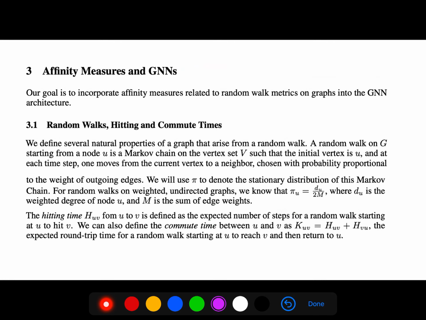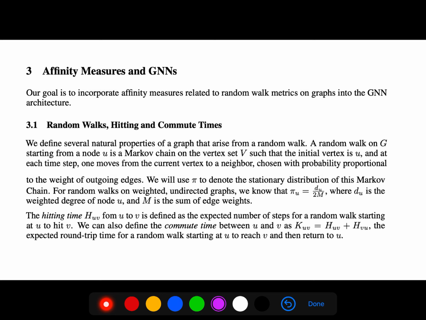So we define several natural properties of a graph that arise from a random walk. A random walk on G starting from a node u is a Markov chain on the vertex set V such that the initial vertex is u, and at each time step, one moves from the current vertex to a neighbor chosen with probability proportional to the weight of the outgoing edges.